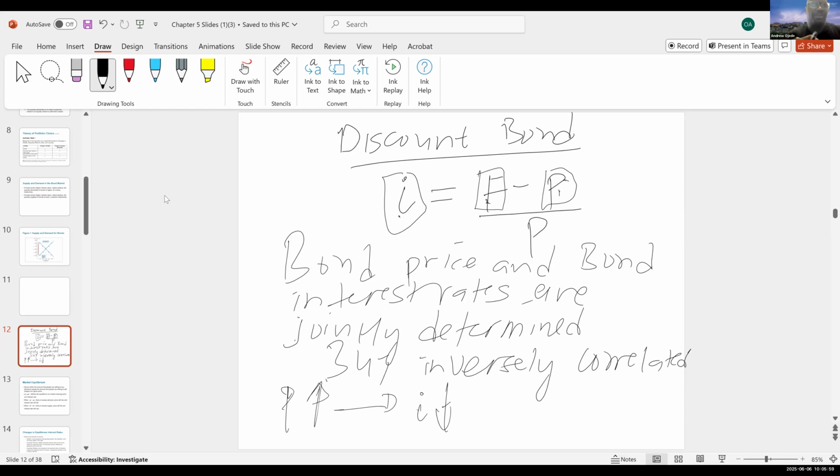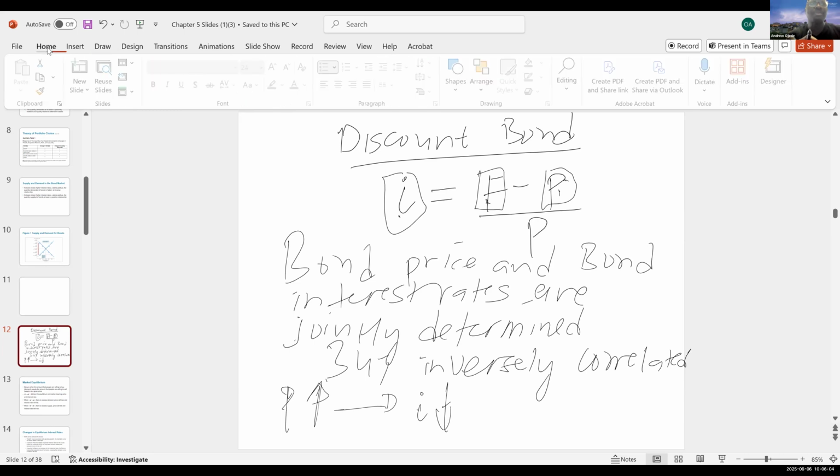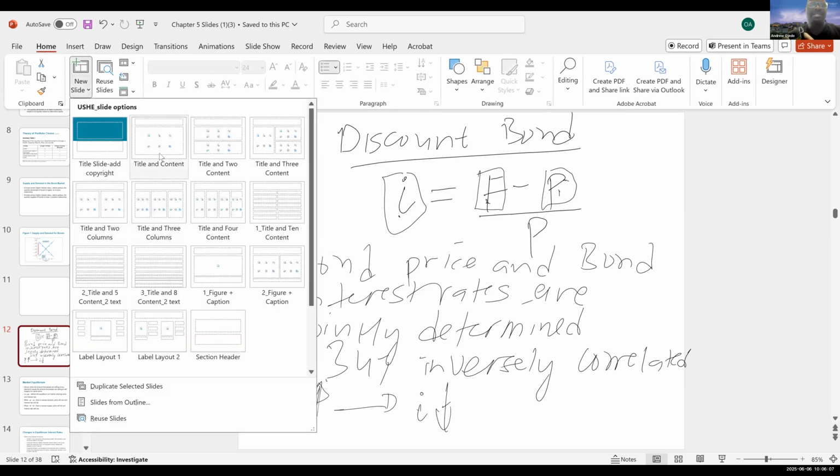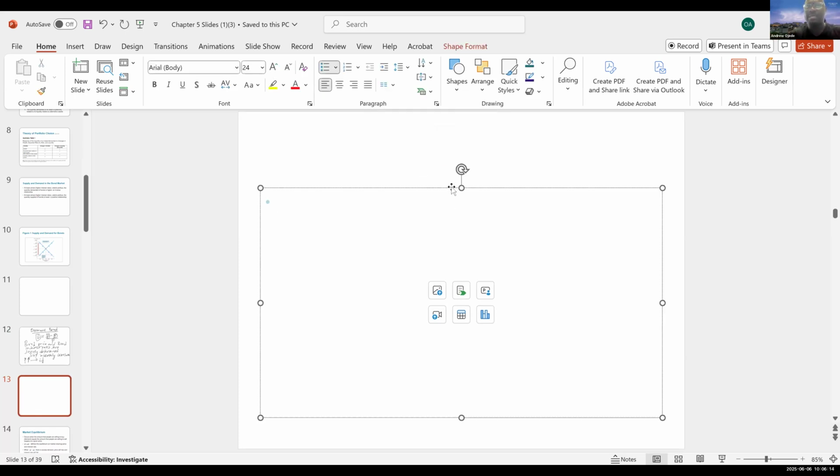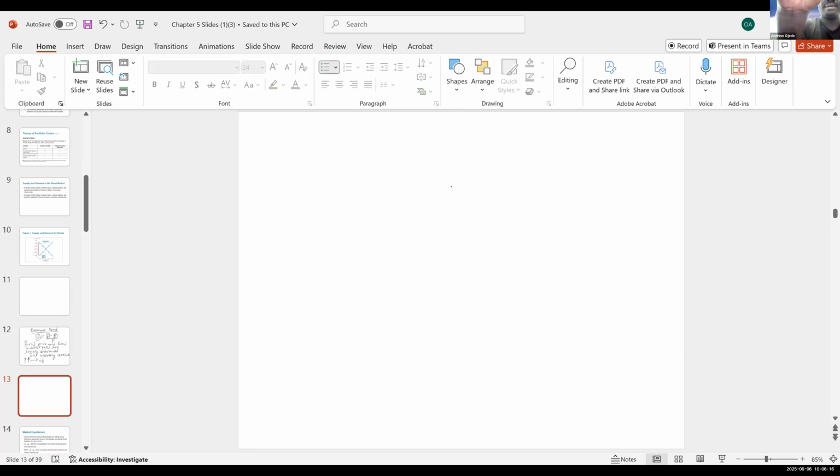Now when we represent this in supply and demand, we have to be a little careful, because typically we draw supply and demand on a two-dimensional space, but with bonds there are three variables to represent: the price of the bond, P; the bond interest rate or yield, I; and the bond quantity, B.